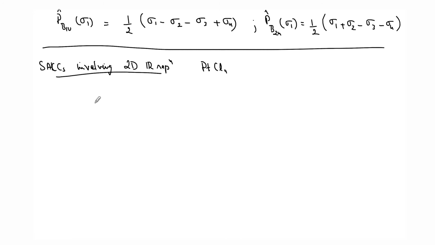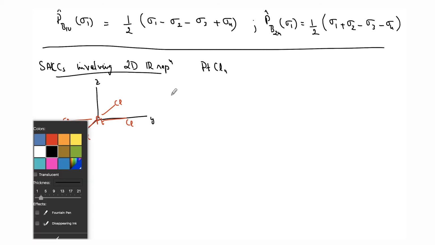Now the first step is to orient the molecule about the axes in the Cartesian axis. So we have the central atom which is at the origin, and then you have Cl here, Cl here, and you have Cl here and Cl here.